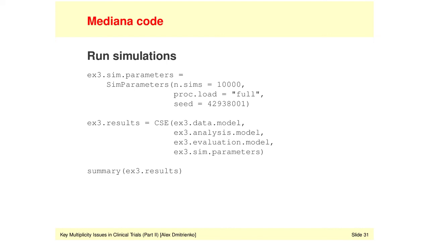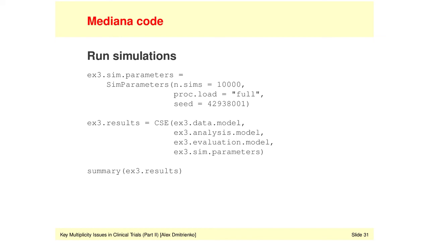The data model, analysis model, and evaluation models have been built, and all we need to do now is to define simulation parameters using a sim parameters object. The object has the following arguments. First of all, n.sims defines the number of simulations. proc.load defines the processor load for parallel computations.